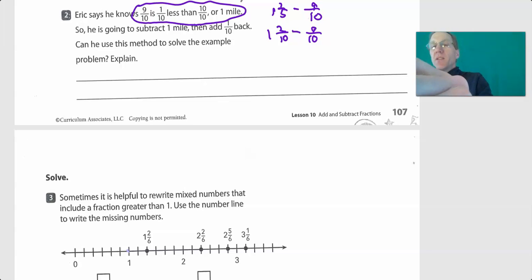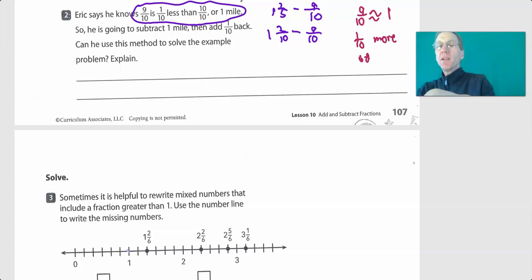He says 9/10 is about 1 mile. So in his head, he's going to say, I'm going to subtract 1. But since he's subtracting 1 instead of 9/10, he'd be subtracting 1/10 more. If he added 1 more tenth here, you'd go to 10/10. If he's going to subtract 1/10 more, he has to add it back at the end.